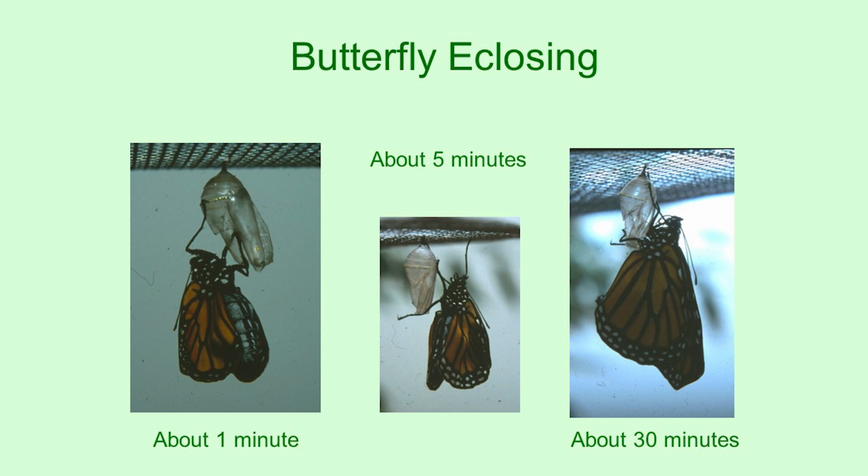You can see after 5 minutes, the abdomen has become a little skinnier and the wings have expanded some. After about 30 minutes, the wings are completely expanded. At that point, the wings are very soft and pliable, and it can't really fly yet, so it has to wait for several hours before the wings harden and it can fly off.